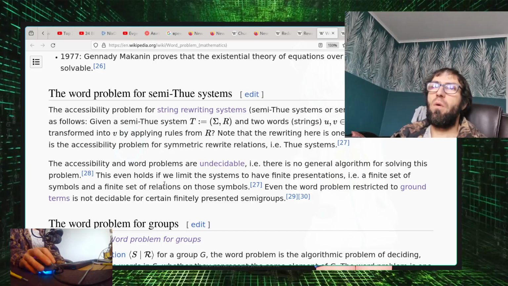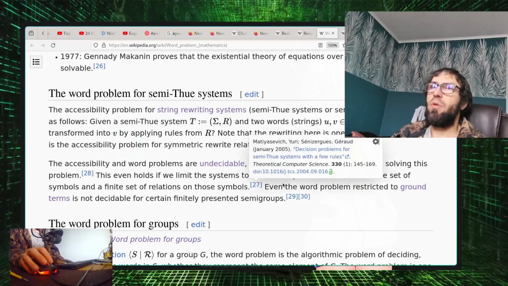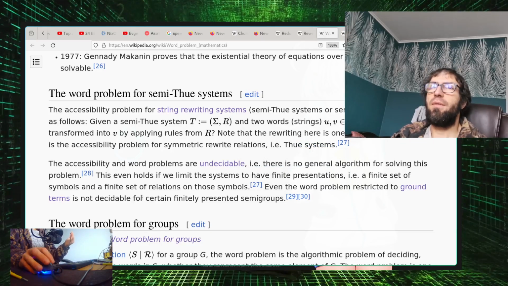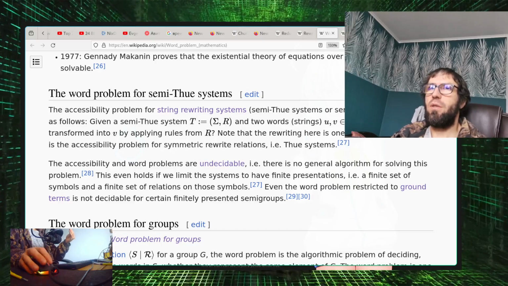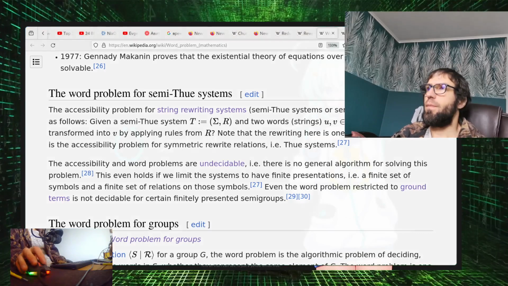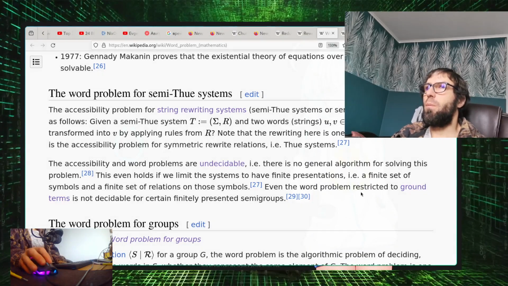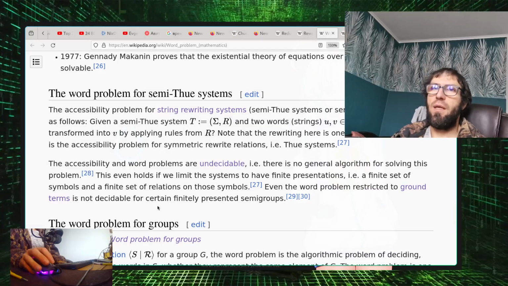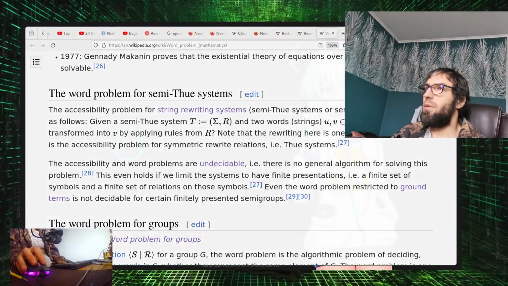This even holds if we limit the systems to have finite representations, i.e. a finite set of symbols and a finite set of relations on these symbols. Even the word problem restricted to ground terms is not decidable for certain finitely presented semigroups.